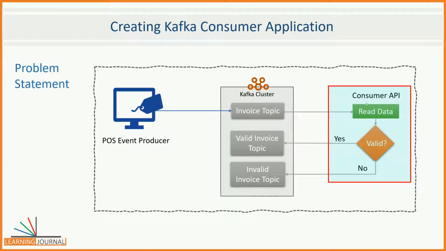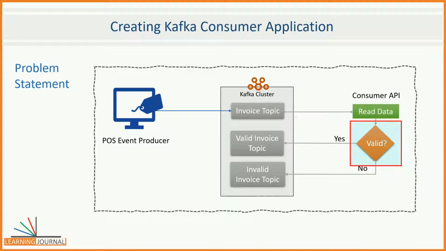So what we want to do is to read all invoices in real time. Apply some business rules to validate the invoice. If the validation passed, send them to a Kafka topic of valid invoices. If the validation failed, send them to a Kafka topic of invalid invoices. As a result, we will be able to segregate valid and invalid invoices into two different topics. We'll end the example there.